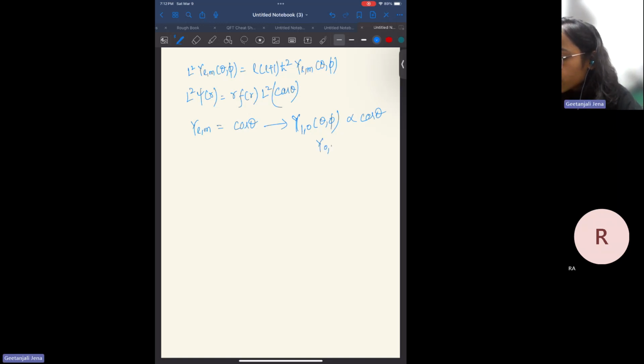So Y_00, I think, is a constant term which is root over 1 by 4 pi, and Y_10 is some constant term multiplied by cos theta.